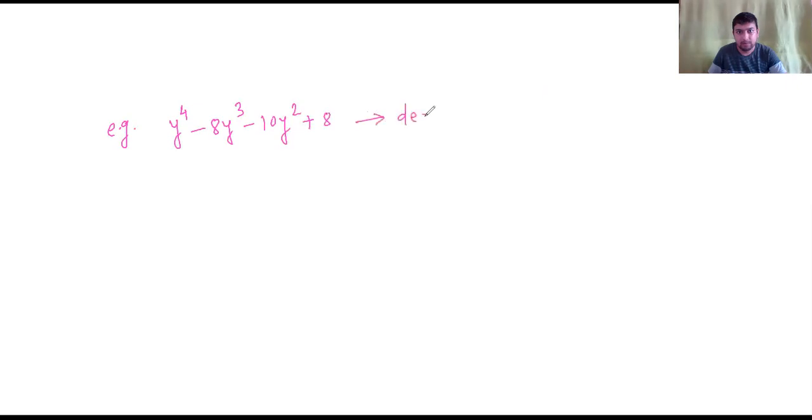You have to tell me what is the degree of this polynomial. Second example, what is the degree of this polynomial? First identify whether it's a polynomial or not, and then you have to answer, right?